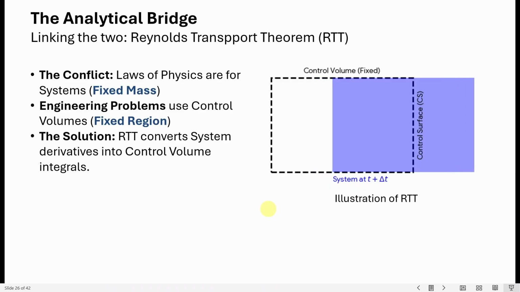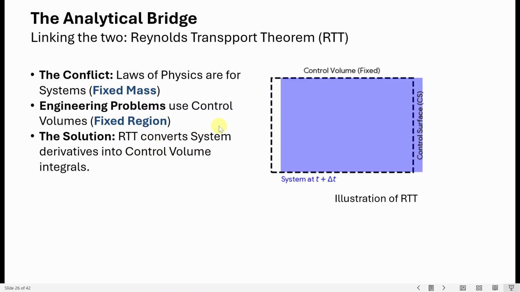So the solution where we can link these two is what we call the Reynolds transport theorem. Okay, so the Reynolds transport theorem will convert the system derivatives, or the mathematical expression that we get from the closed system, to the control volume integrals.